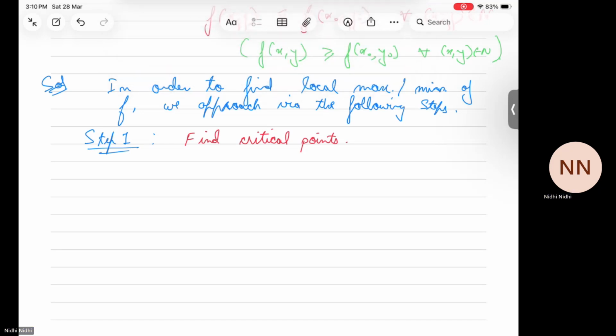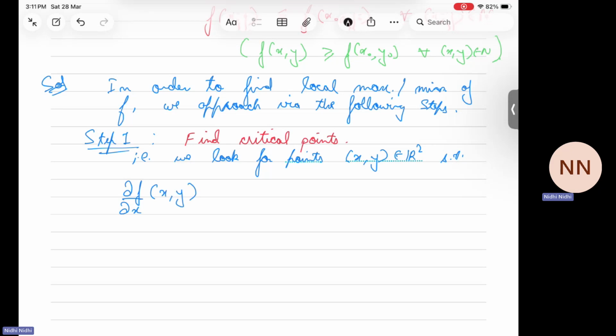For example, in this case, when we are working with a function of two variables, we look for points (x,y) in R2 such that the partial derivative of f with respect to x at this point is 0 and the partial derivative of f with respect to y at this point is 0.